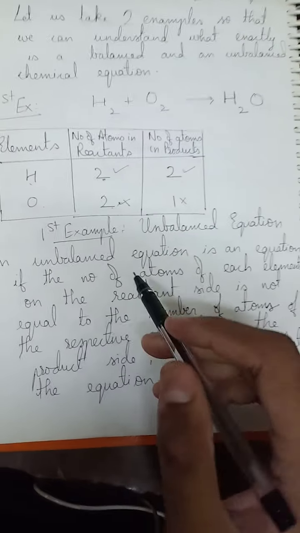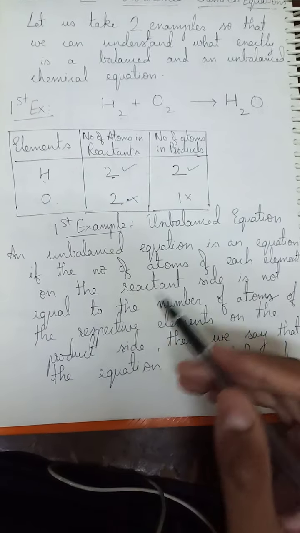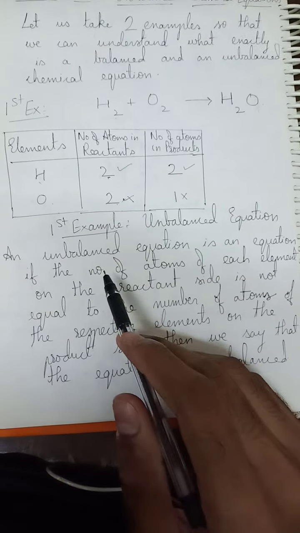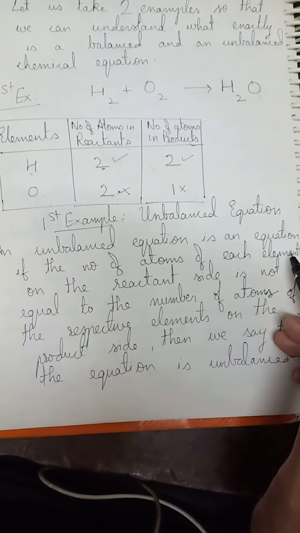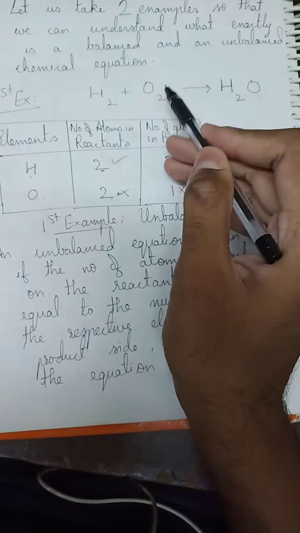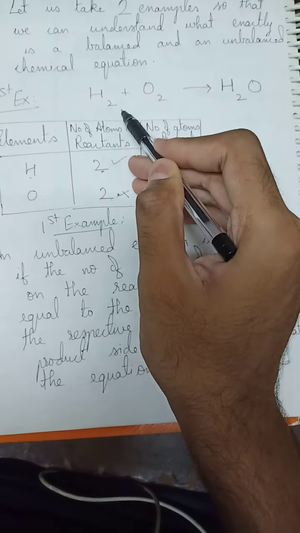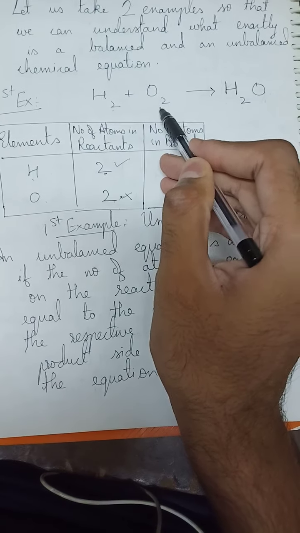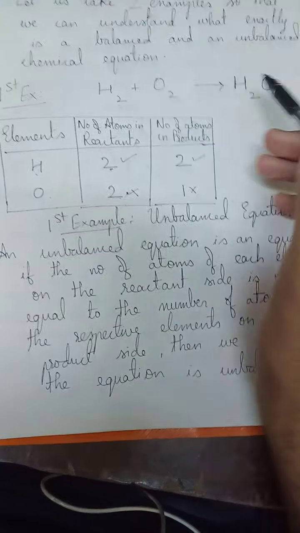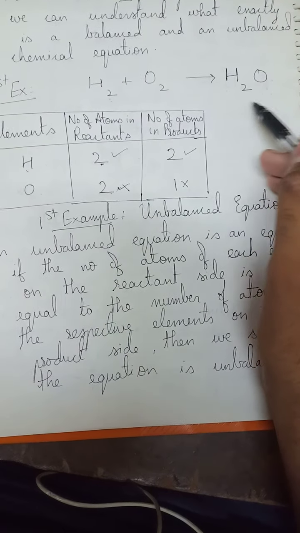If you read the definition carefully, an unbalanced equation is an equation where the number of atoms of each element, what is an element? Hydrogen is an element, oxygen is an element, and the atoms of each element are, there are 2 atoms of hydrogen, H2, and 2 atoms of oxygen, O2. And H2O is one compound.